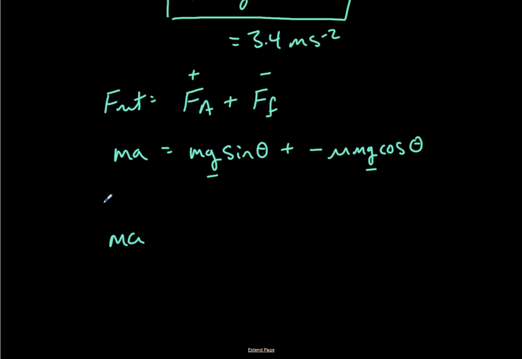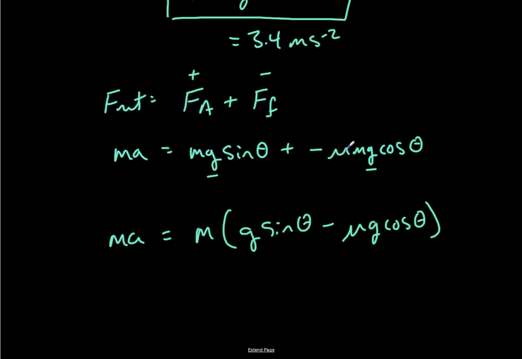So how we can deal with this, if you look, is we can pull mass out of here. Just pulled mass out of here, right? And then I'm going to divide mass off either side.